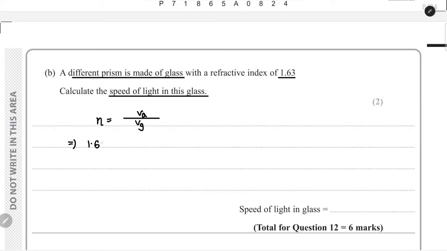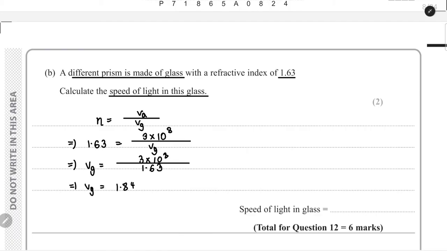So 1.63 will be equal to the velocity of light in air, which is c, or 3 into 10 to the power 8, divided by the velocity in glass. From here I can find the velocity of light in glass. This will be 3 into 10 to the power 8 divided by 1.63, which would be 1.84 into 10 to the power 8 meters per second.